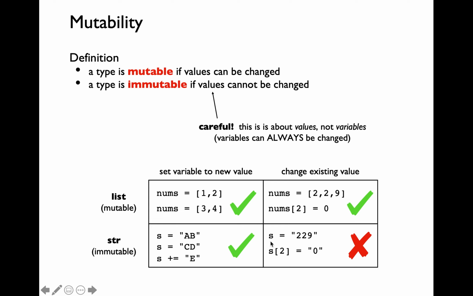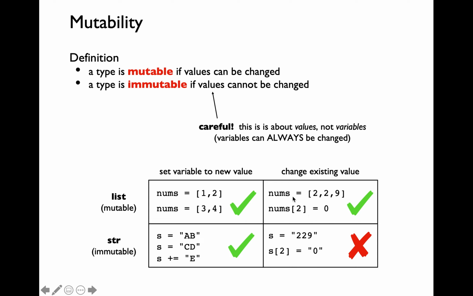A similar example for a string would be to initialize a variable s with a string value of 2, 2, 9. I cannot say s of 2 equal to 0 to update a particular character within the string sequence. That's because string is immutable. One thing for you to notice with respect to list mutability is that you can only update an existing index position value.